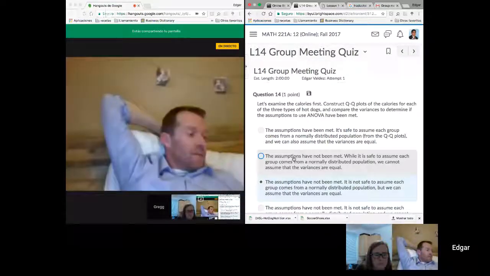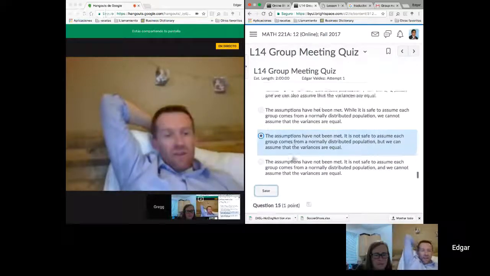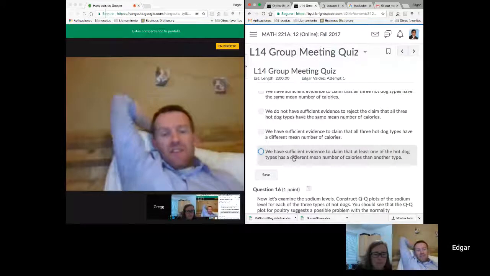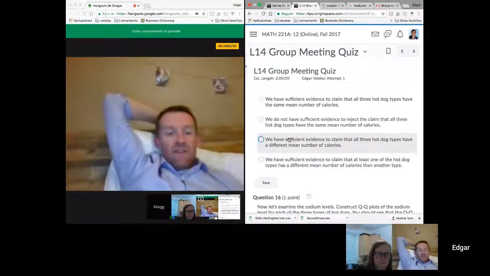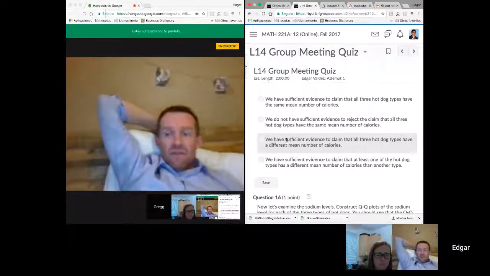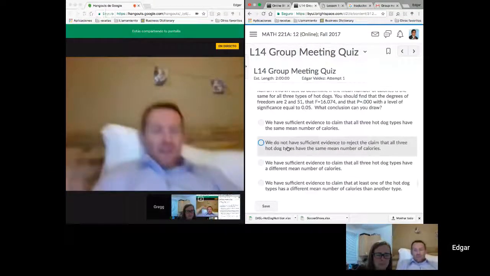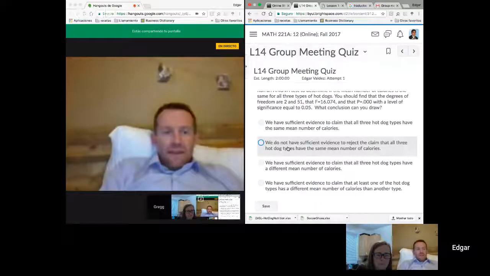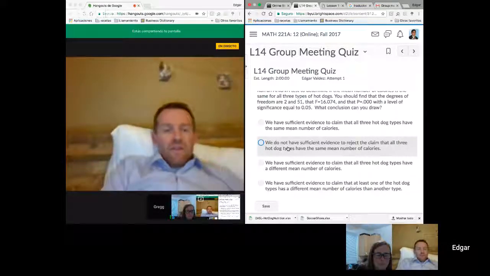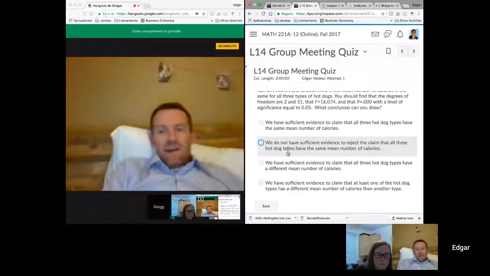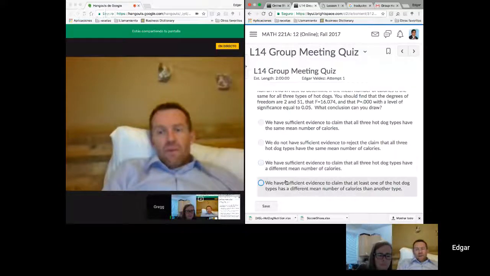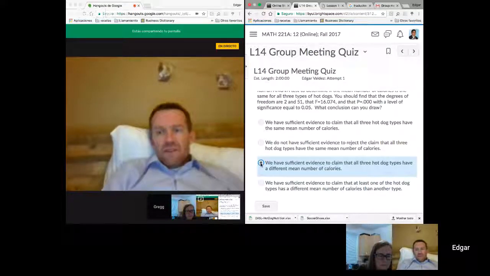So then we have sufficient evidence to reject the claim that all 3 hot dogs have the same mean number of calories, because the p-value is less. Now, it says determine if the mean number of calories is the same for all. It's not. If you look at variable 1 and variable 2, the difference is very little.